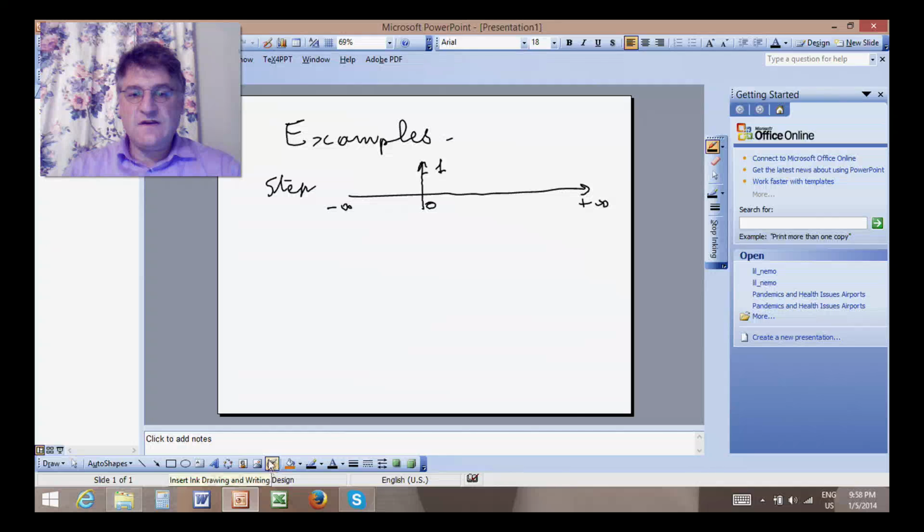Let me change that function. There we go. The function is 0 for negative values, jumps to 1 after time goes to 0. So that's why it's called a step. It has another name, I think one of them is the Heaviside function.